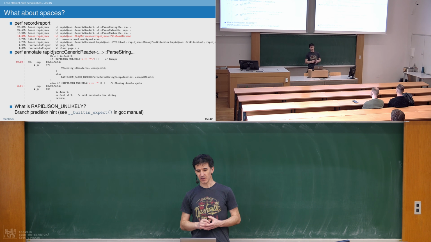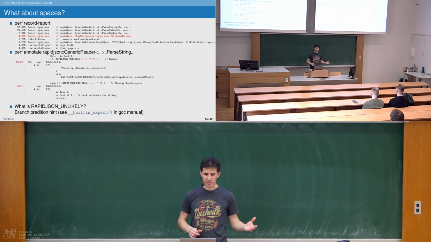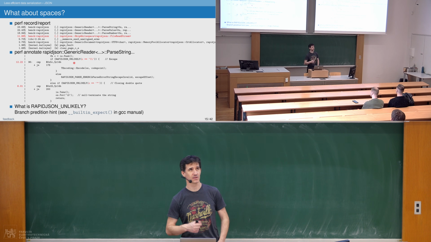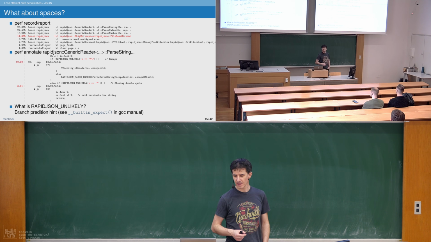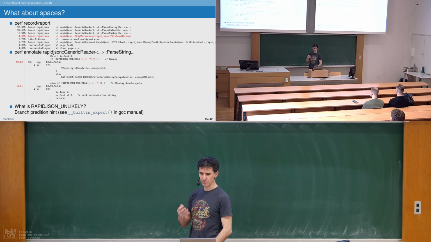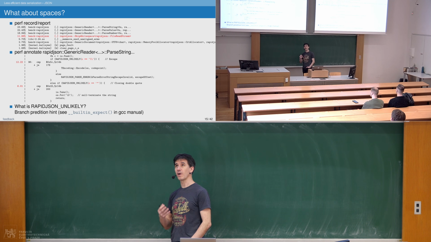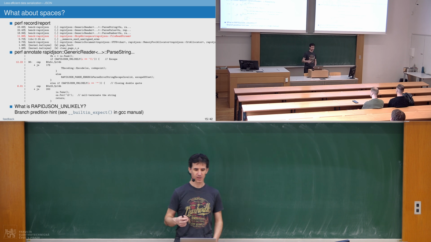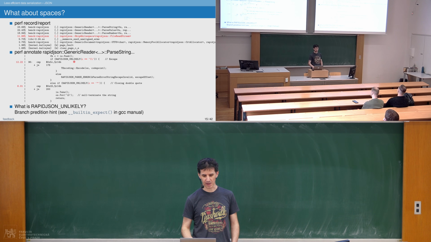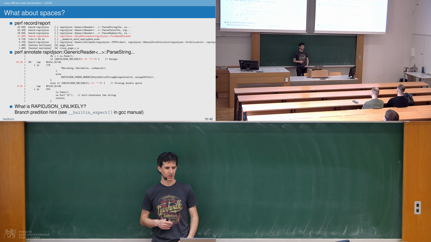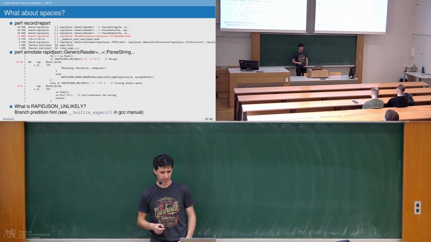So in this library, these branch prediction hints are, at least in these places, encoded manually. Remember, in the first or second lecture I told you about profile guided optimization. If you do profile guided optimization, those hints to the compiler are given automatically based on the profiling.